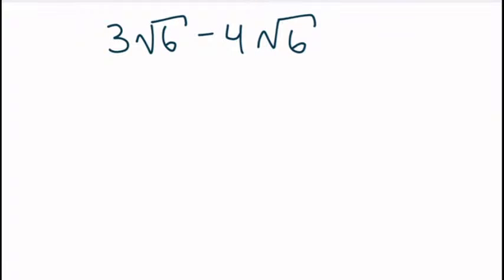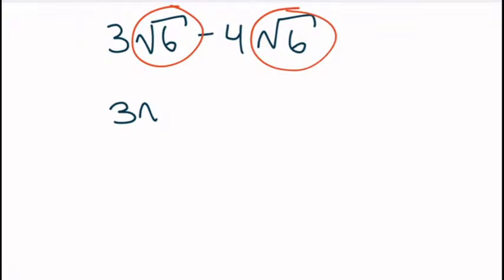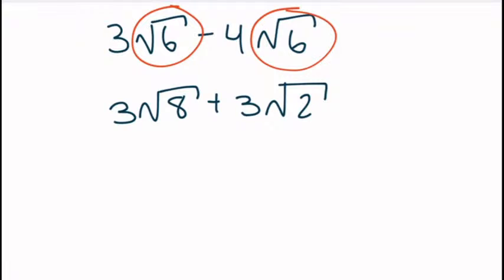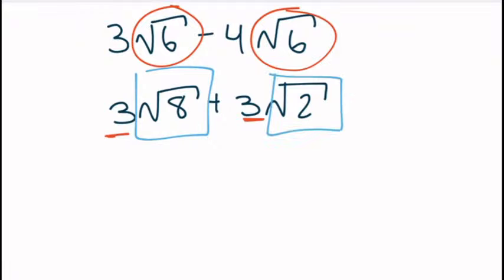And so this rule only works if the radical that you're working with is the same on both units. So in the last problem we did 3 radical 6 minus 4 radical 6, and both of the radicals were the same. They're both radical 6. But if they're different, which we'll get into more examples later, for example, like 3 radical 8 plus 3 radical 2, even if the coefficients are the same, the radical itself is different, so you can't just add these.